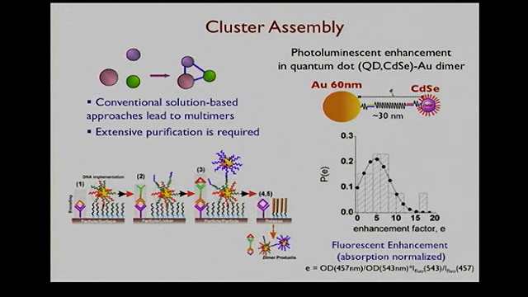Why it's interesting: it turns out that if we excite, let's say, the gold particle at a particular wavelength using a laser, we can excite collective modes of electrons which give rise to something which is known as plasmon. This plasmon can interact with the fluorescent particle at quite large distances, tens of nanometers.